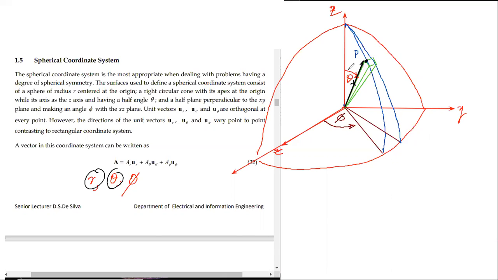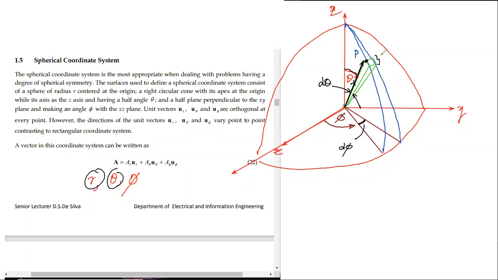If you know this r and theta, just assume this small differential angle as d theta, and this angle as d phi. Then you can write down this length with the support of r and d theta.